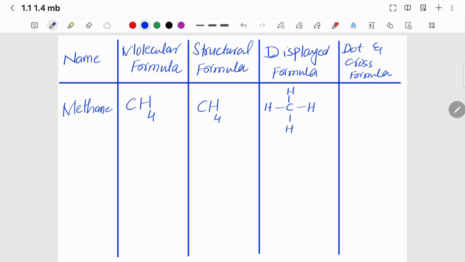And for dot and cross formula, I have to draw a carbon atom, and it has 4 electrons, and these 4 electrons are bonded with 4 hydrogen atoms like this, and each hydrogen atom has its own 1 electron.